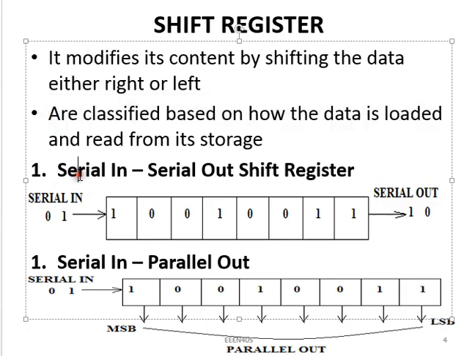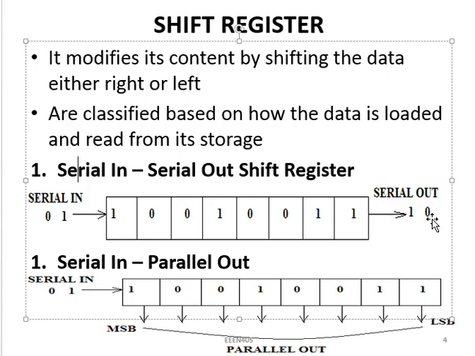The first one is called the serial in, serial out shift register, and this is the typical block diagram of it. The reason why it is called serial in is that the information enters the register bit by bit, and the reason why it is called serial out is that the output is taken bit by bit from the register.